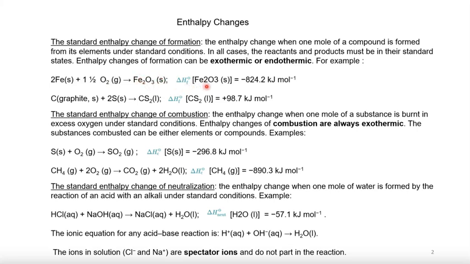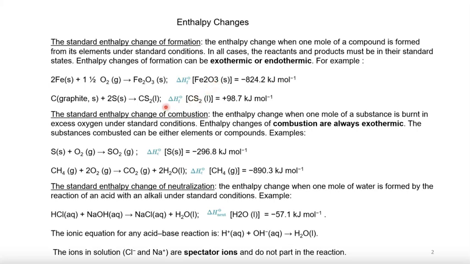The standard enthalpy change of formation of ferric oxide in solid state for this reaction is minus 824.2 kilojoules per mole. Sorry, in Fe2O3 the 2 should be lowercase, and the 3 should be lowercase too.